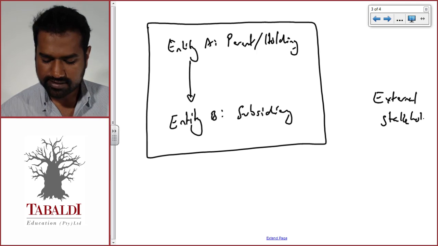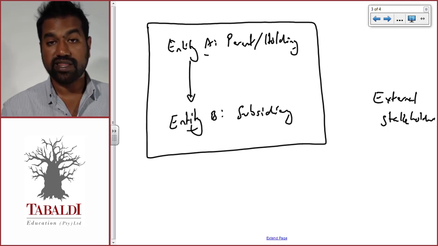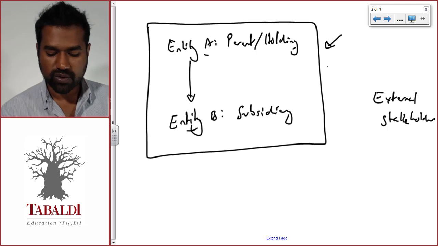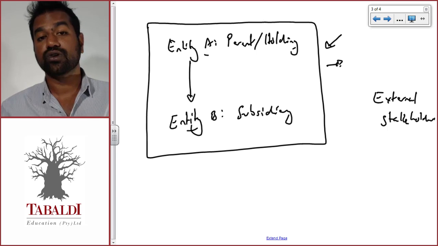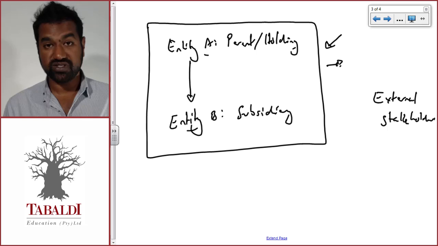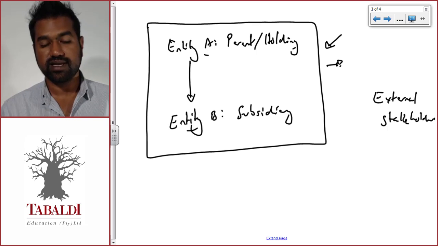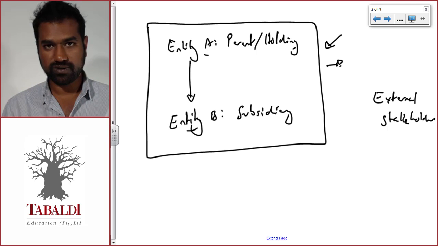So what are external stakeholders interested in? They're not interested in the individual books. They're interested in what goes into the group and what comes out of the group. They're interested in the group figures, the consolidated figures. So naturally, any transaction that occurs between the two entities needs to be removed.